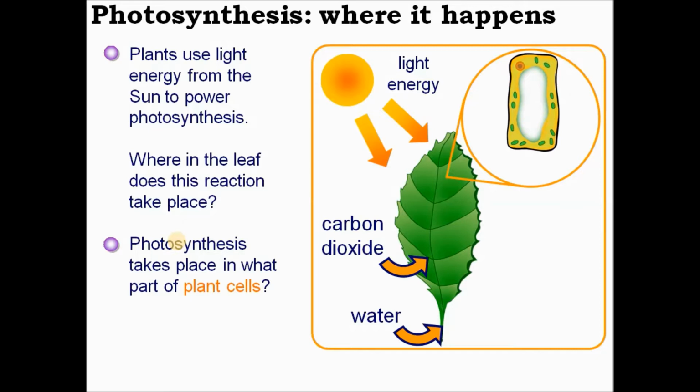This chloroplast contains chlorophyll. This chlorophyll is essential for the photosynthesis reaction to take place. This chlorophyll traps the light energy to make the energy carrying particles and ultimately helps in the combination of carbon dioxide and water in the presence of sunlight.